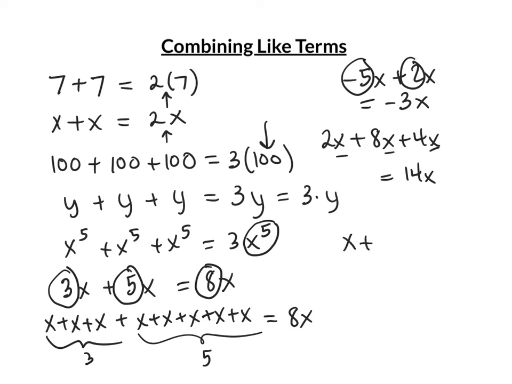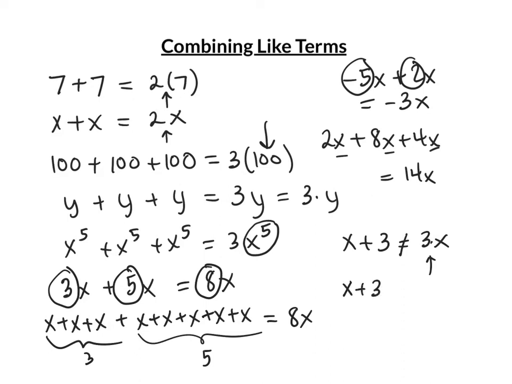However, if I say x plus 3, I'll always get students that want to say, oh, that's 3x, Mr. Caldwell. No, it's not 3x. 3x is 3 times x. These are not equal. X plus 3 is not the same thing as 3 times x. You can't add them. They're not like terms.